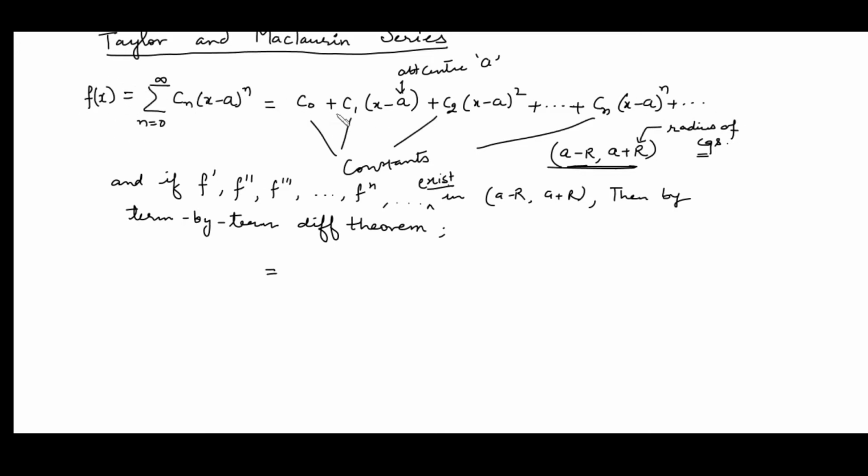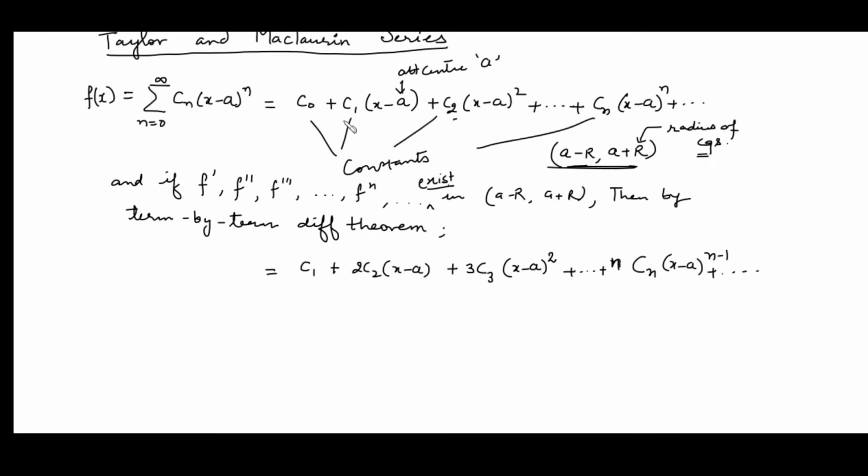So what is the derivative of c0 plus c1 into x minus a plus c2 into x minus a whole square and so on? When you find its derivative, you will get c1 plus 2 c2 into x minus a plus 3 c3 into x minus a whole square and so on, n cn into x minus a to the power n minus 1 and so on.